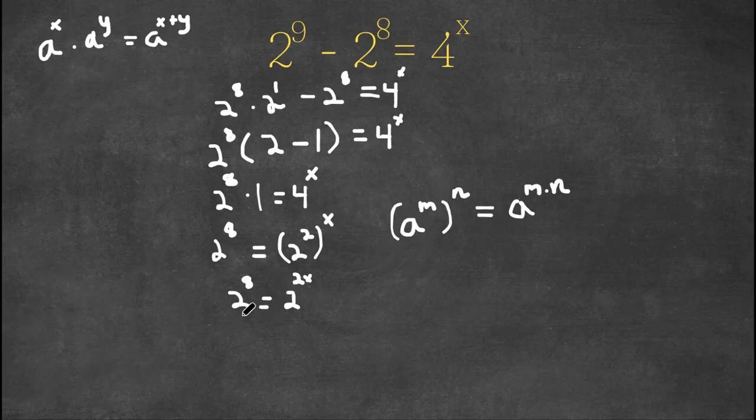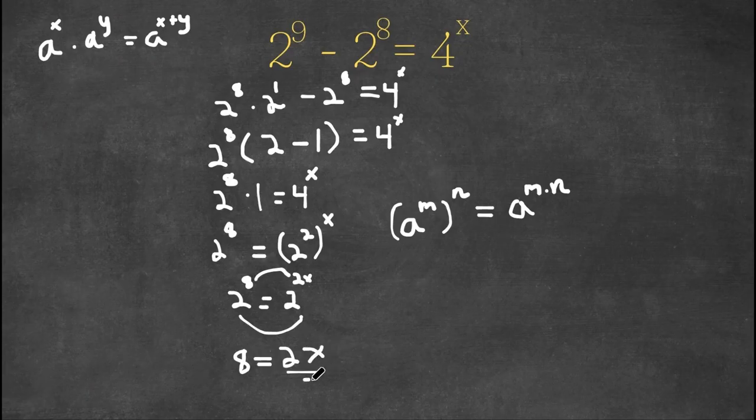Now, because we have the same bases, our exponents must be the same as well, because this equation would not be true if these exponents were different, meaning 8 equals 2x. And now, as you can see, we have a simple equation, and we just want to solve for x.